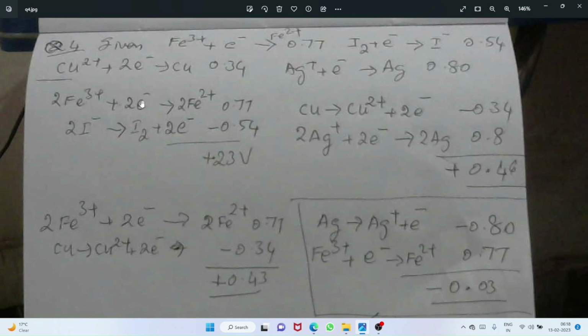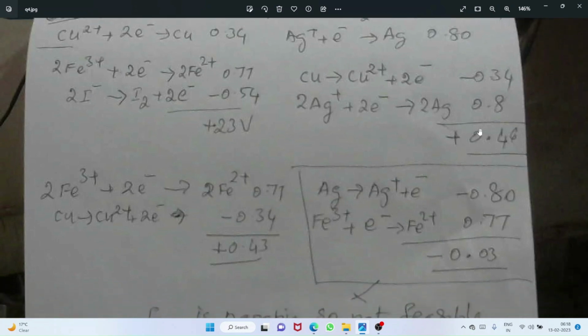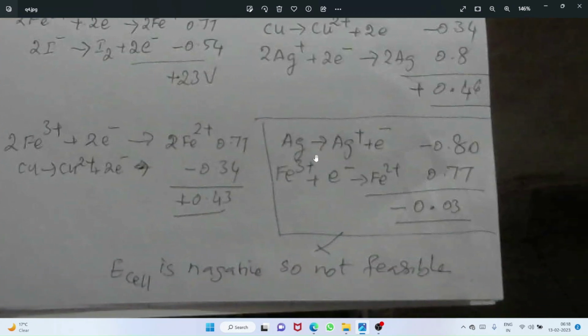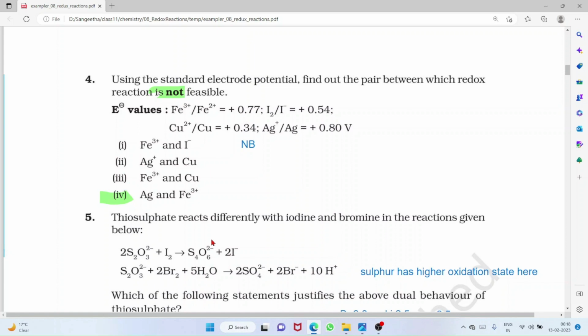This is the reduction part and this is the oxidation part. You add up all these, they are coming positive. They are asking which is not possible. So in this combination, this is the oxidation and this is the reduction. If you add up these two potentials, you get a negative value. So this reaction is not possible. So this is the answer.